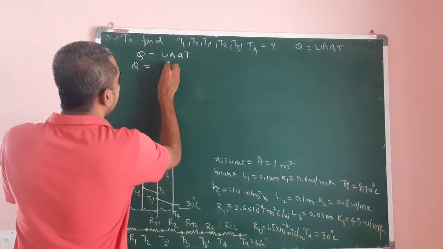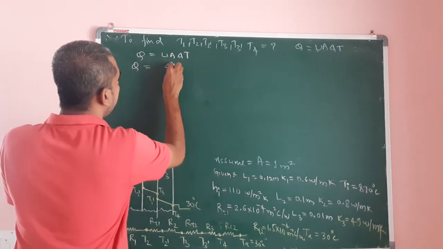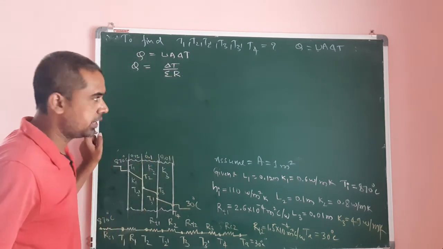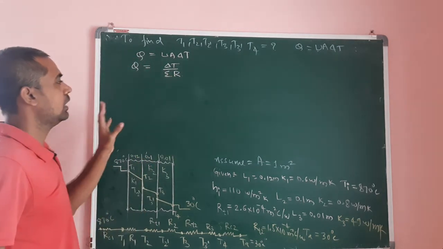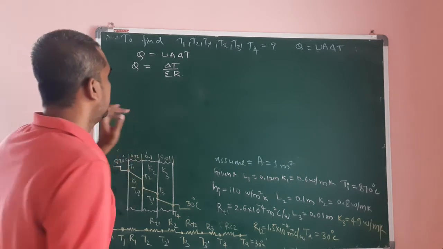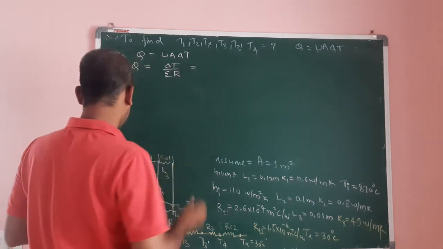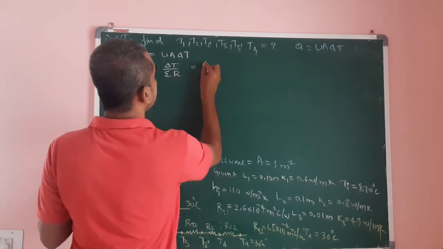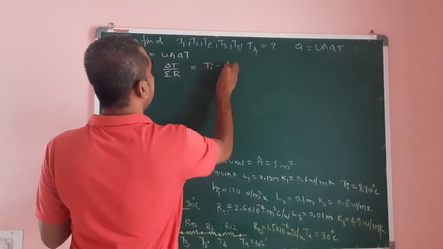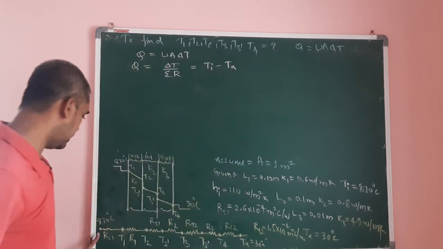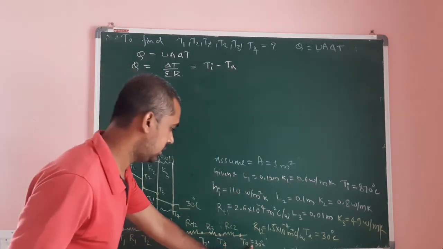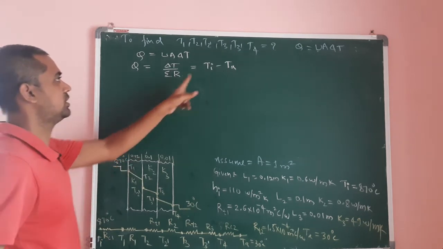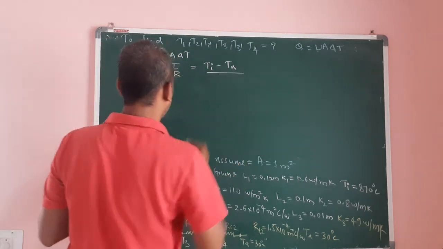It is delta T divided by the summation of R. Here delta T is the temperature Ti, which is 870, minus Ta. So Q is the inside temperature Ti minus Ta, divided by the summation of R.